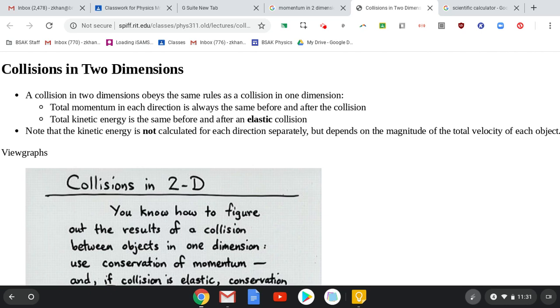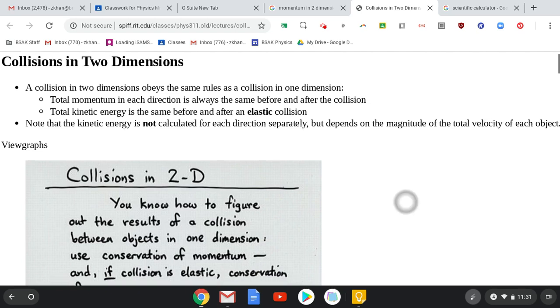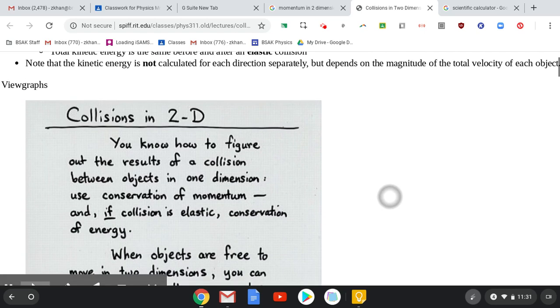So to see whether the collision is elastic or inelastic, we will use the magnitude of the velocity of the object rather than the x component, y component separately. And remember, momentum is a vector, which is why we have to separate the components out, whereas kinetic energy is a scalar.